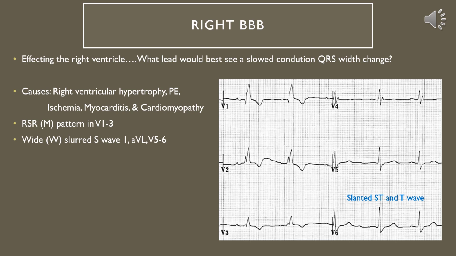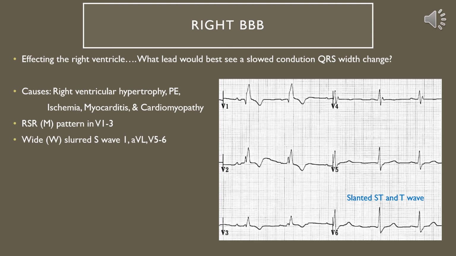So that left bundle branch is already going through, it's depolarizing, and the right ventricle will depolarize in a cell-to-cell fashion because it doesn't have that conduction network through the Purkinje fibers. So it's going to be slowed.